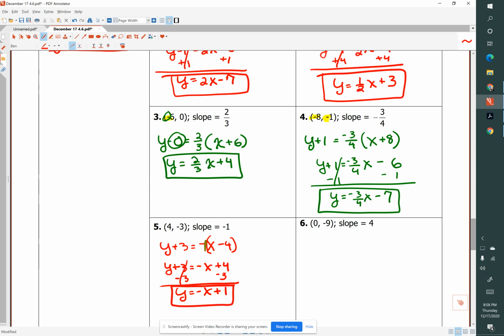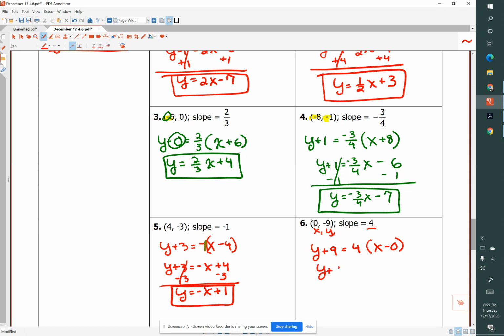And number 6. We've got our x sub 1 is 0, and our y sub 1 is negative 9. And our slope is 4. So it will be y plus 9, because y minus negative 9 is the same as y plus 9, equals our slope of 4 times the quantity of x minus 0. And we'll deal with that just now when we distribute.